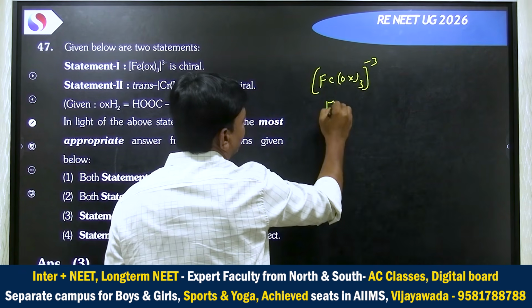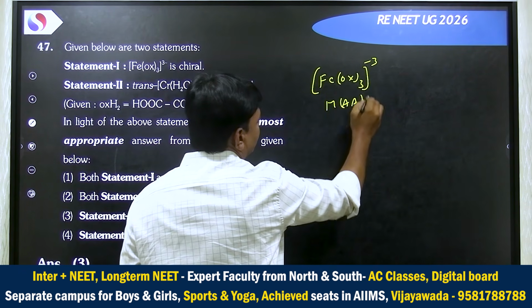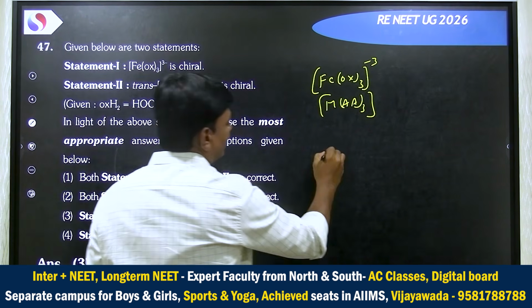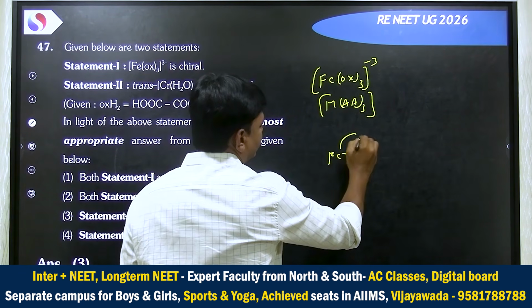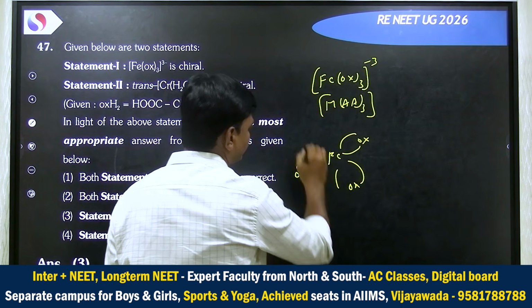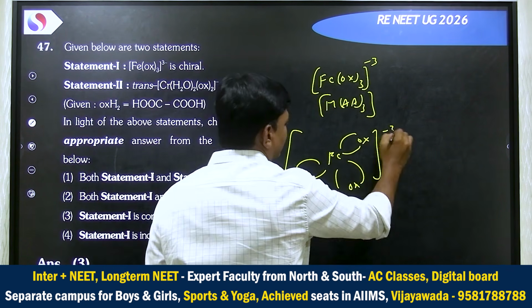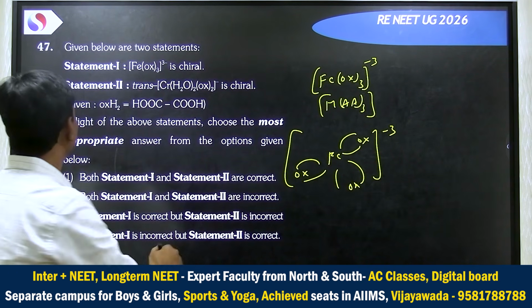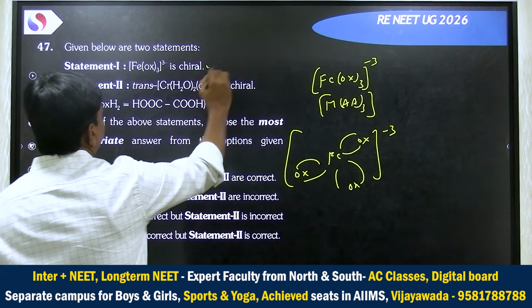It is of the M(AA)3 type of component. Here Fe with ox, another ox and another ox, and minus 3 is there. So this type of component will be optically active. So it is chiral. Statement 1 is correct.